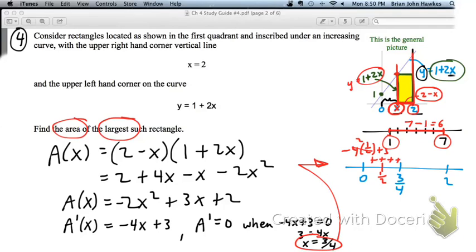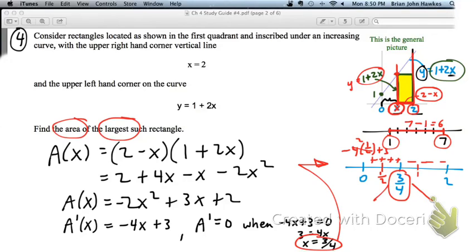Then let's say the number 1 in this interval: negative 4 times 1 is negative 4, plus 3 is negative. So it's negative on that interval, and therefore we have a maximum value. A is increasing until x is 3/4, and then A is decreasing after that. So we know we have a maximum value, and all we have to do is answer the question.